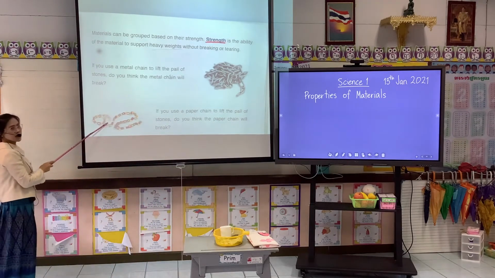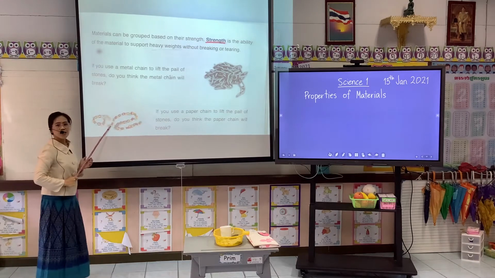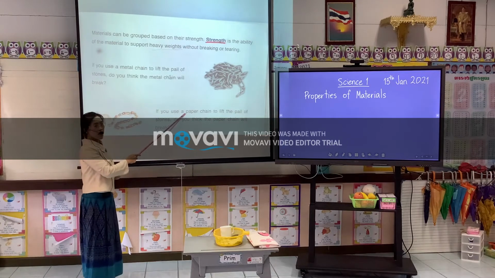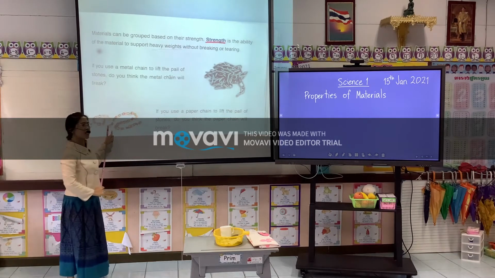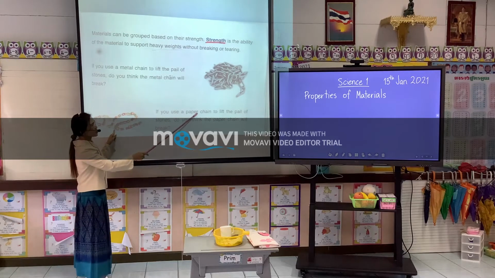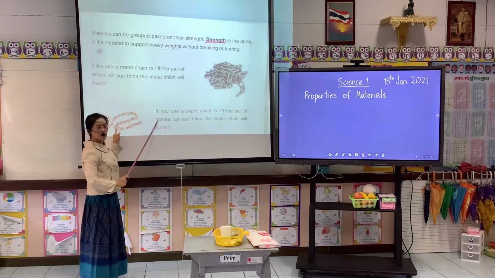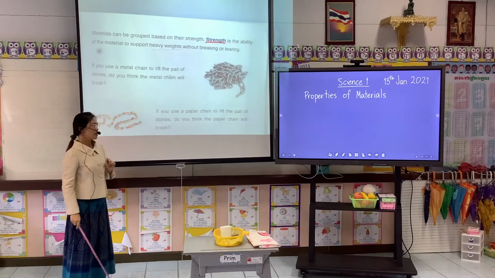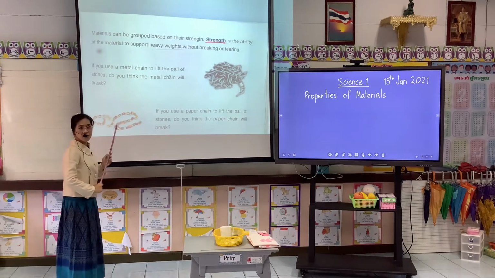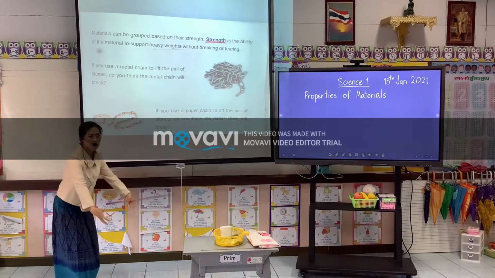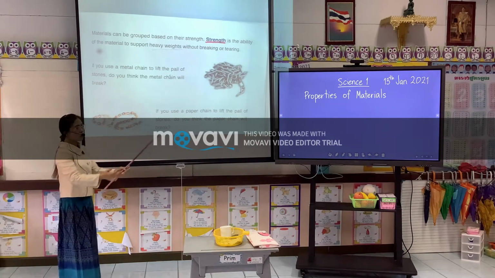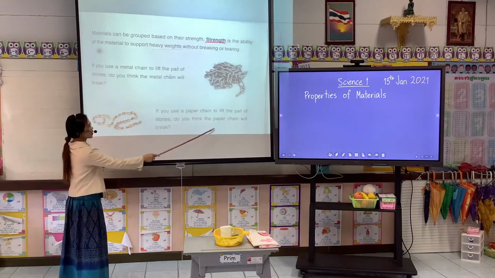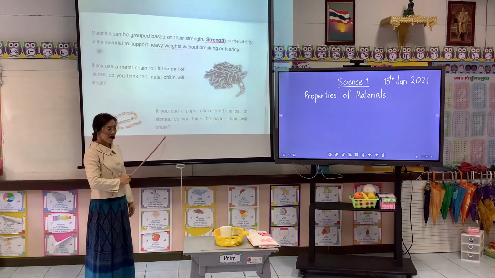What about this? This one is also a chain, but it is made up of paper. So this is a paper chain. If you use a paper chain to lift the pail of stones, do you think the paper chain will break? What do you think will happen to the paper chain if we use this to carry one bucket of stones? Yes, of course.